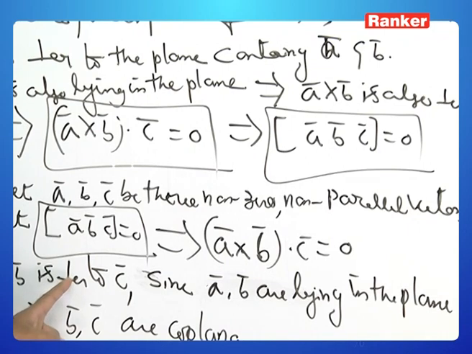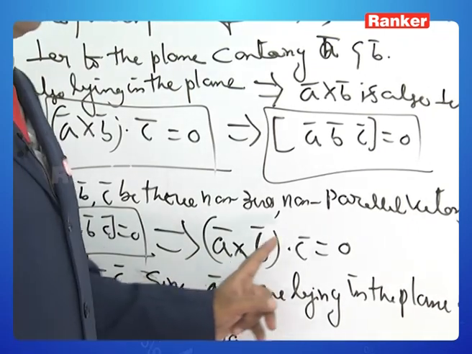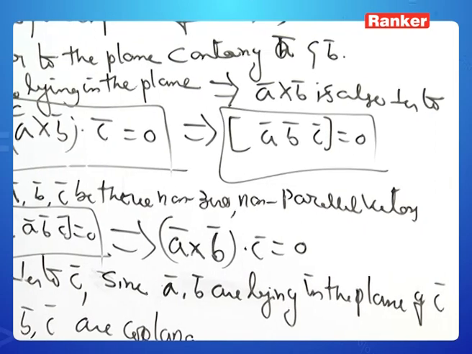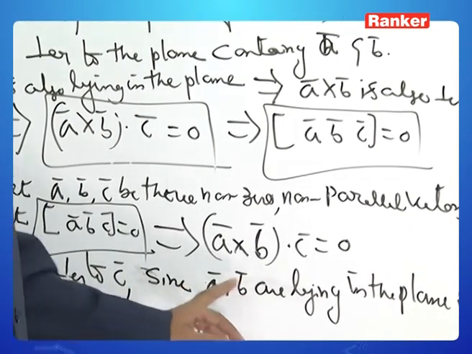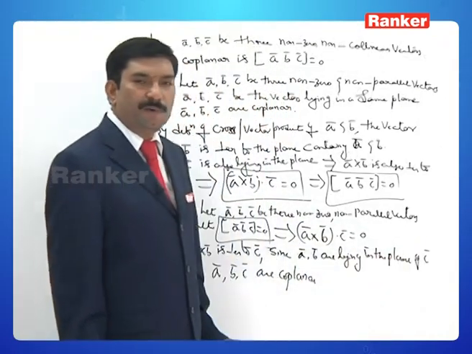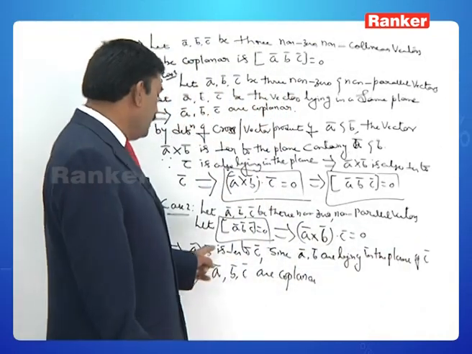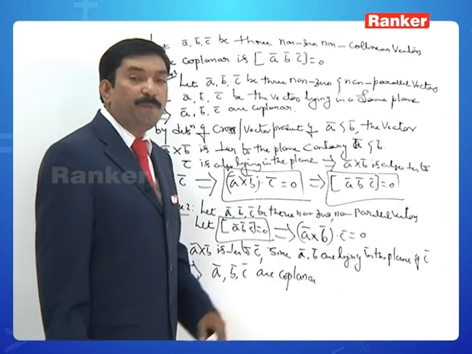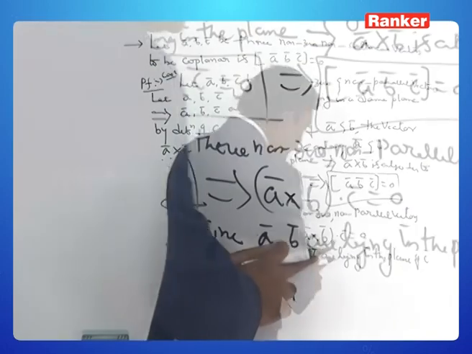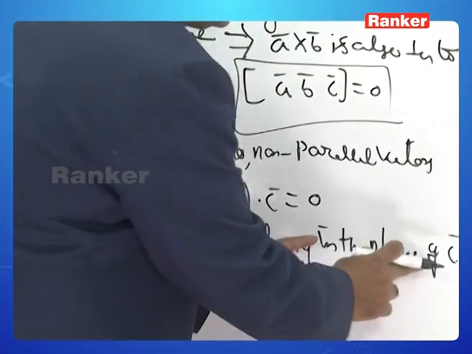Consider box of ABC is equal to 0. Then A cross B dot C bar, by definition of scalar triple product. So when A cross B is perpendicular to C bar, since A bar, B bar are lying in the plane of C bar, A cross B is also perpendicular to A bar, B bar. If you want, you can take it: A bar, B bar lying in the plane of C bar.